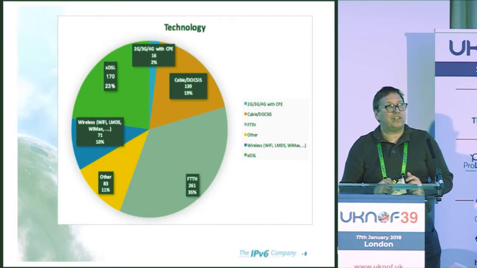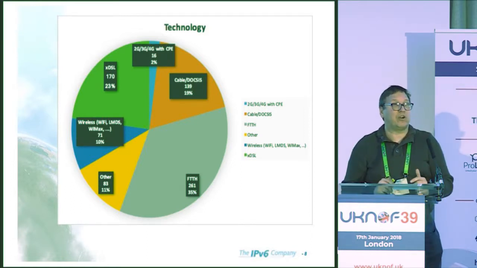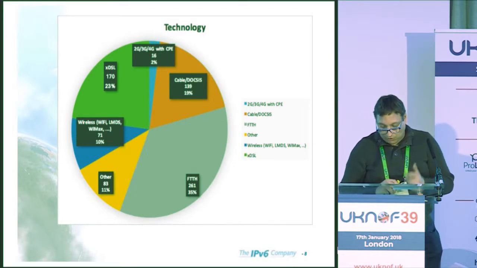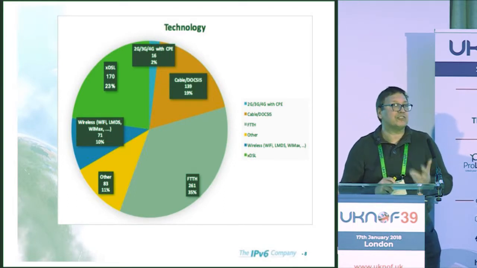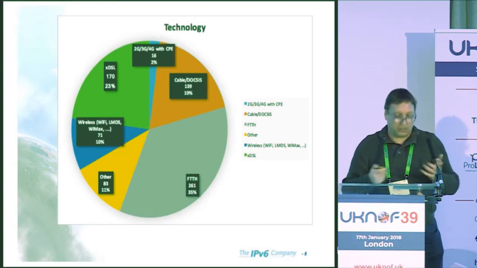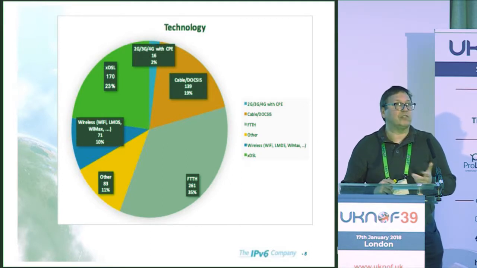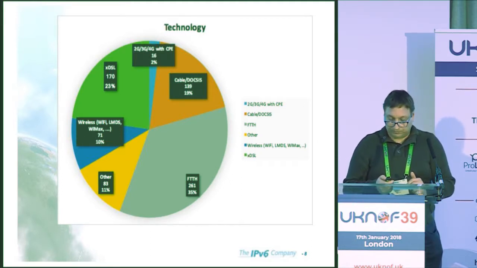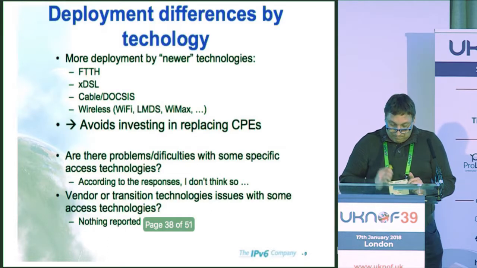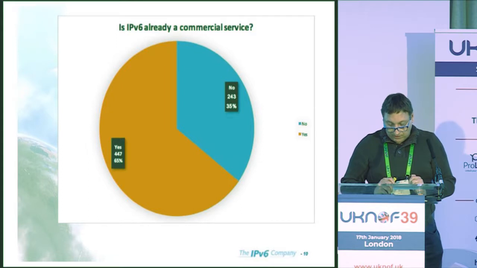Another interesting thing is that in general we have more IPv6 deployment in newer technologies like FTTH. 35% of the answers come from people deploying IPv6 in FTTH, which is one of the biggest, followed by 23% for DSL. Is IPv6 already a commercial service?